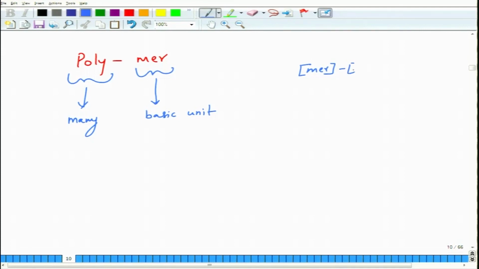One mer is attached to another mer, which is attached to another mer, and this process goes on for thousands of units, and they make a chain. So, this is a polymeric chain, which is typically covalently bonded within the chain.